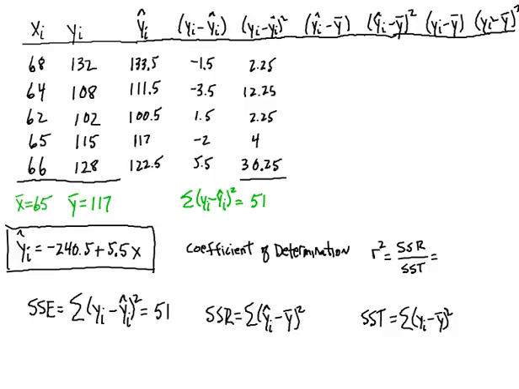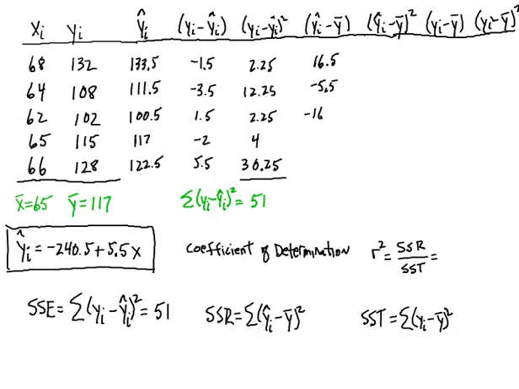The next thing to do is to take the estimated values and subtract the average from each one, the y average or y bar. So in my first calculation in this column, I'm going to take 133.5 and subtract 117 to get 16.5. And then I'm going to take 111.5 and subtract 117 to get a negative 5.5.